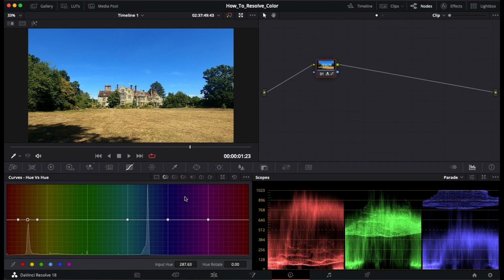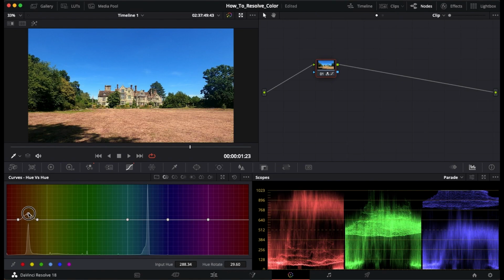So let's have a look at this dead looking grass. If I click on this grass with this dropper here, it's identified on the left hand side in between red and yellow, sort of this orangey colour here. So if I increase this, look at this graph called the parade on the bottom right hand side as it alters.